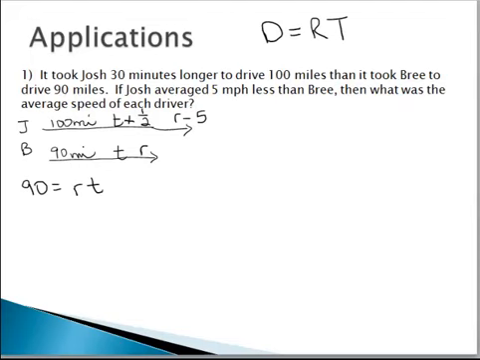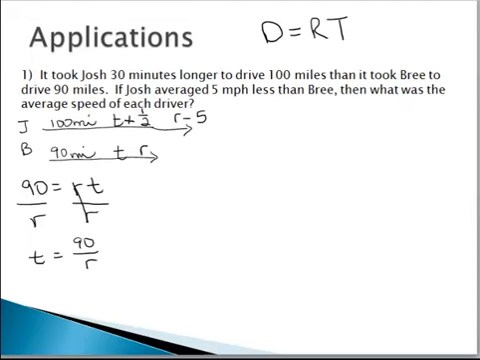So why don't we solve this for t so that we could substitute it in for the t up here. If we solve this for t, we divide both sides by r. We end up with t equal to 90 over r. Well, if that's the case, I can replace this t with this 90 over r.